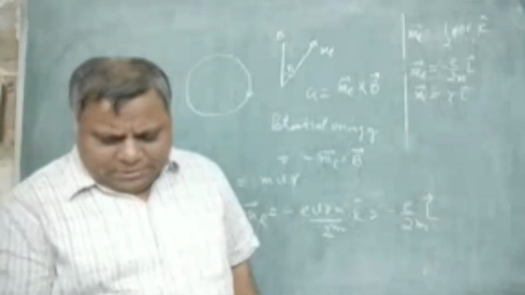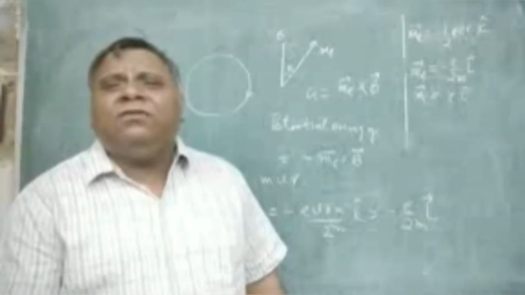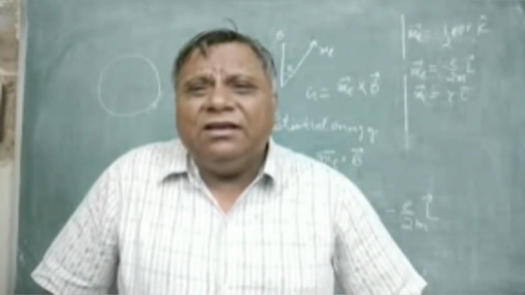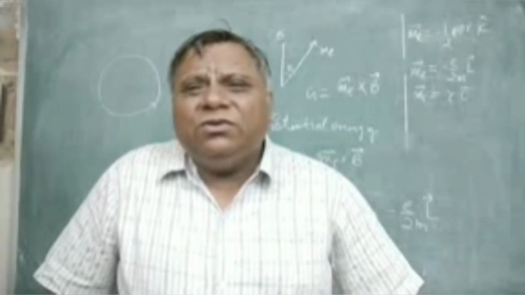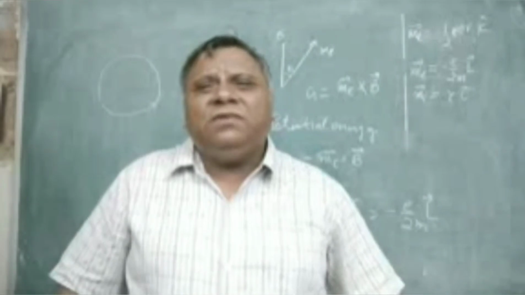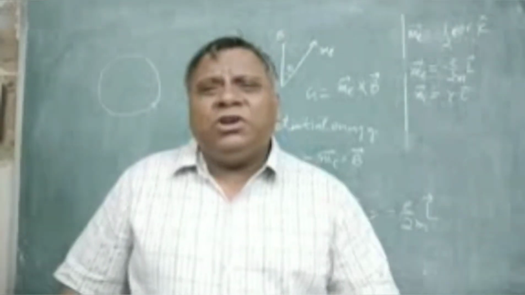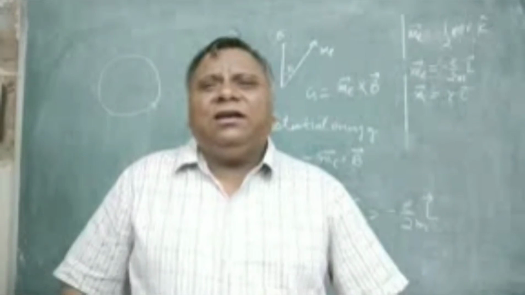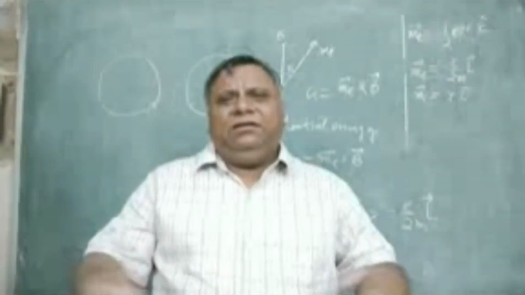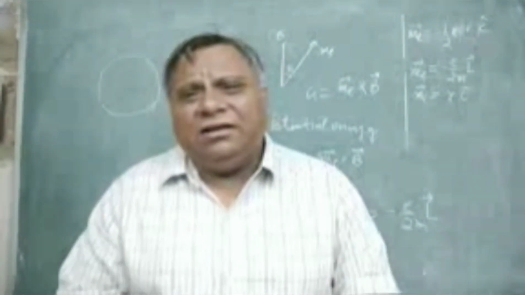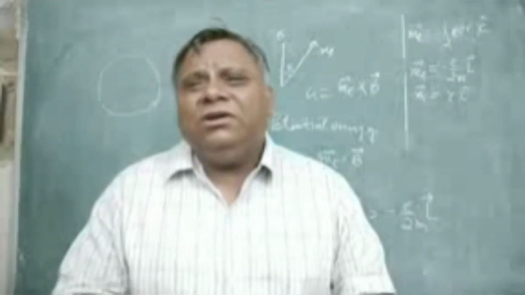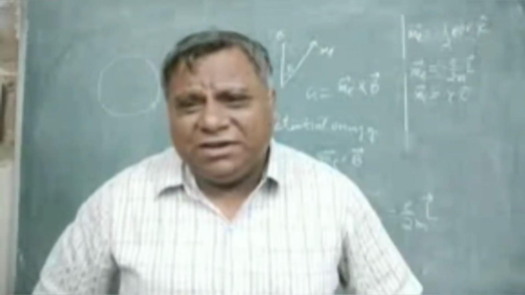For example, consider the case of an electric dipole. If you put it in an electric field, there is no angular momentum associated with the electric dipole, already you know that. So the torque tries to align the electric dipole along the field, which is the origin of orientational polarizability.